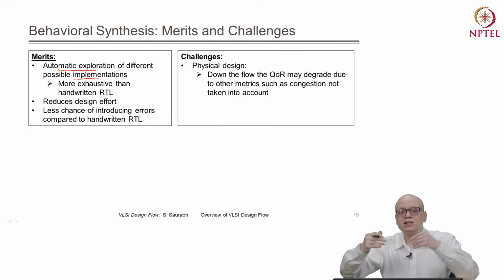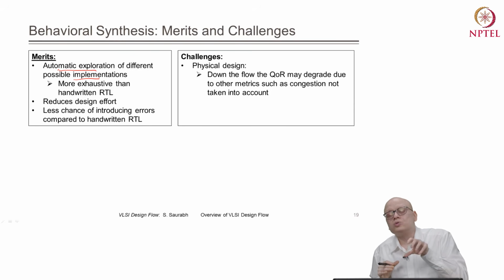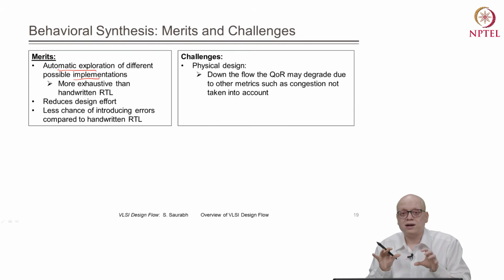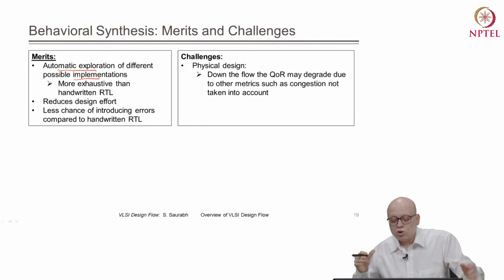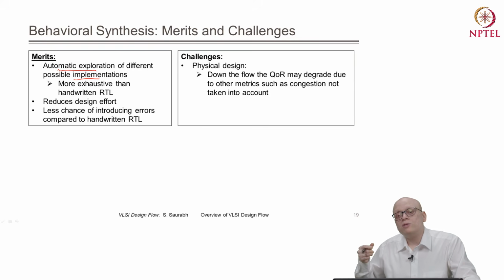So a lot of signals come to a shared resource, and around that shared resource there can be congestion. That congestion will be found only during physical design. So the solution produced by the behavior synthesis tool may actually lead to some problem down the design flow because of the incomplete information it has.